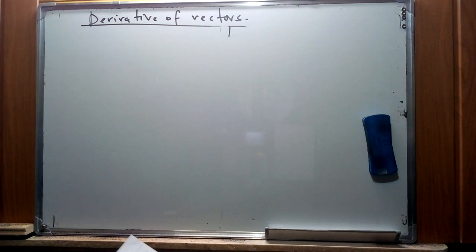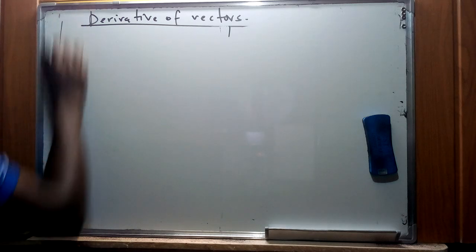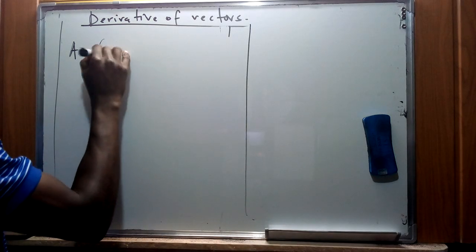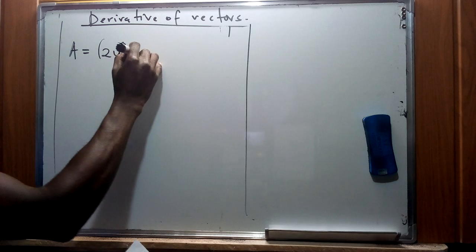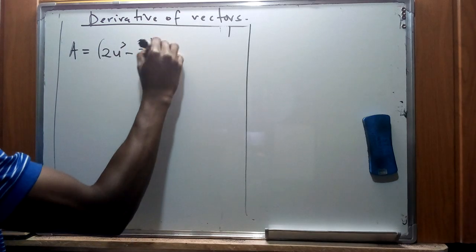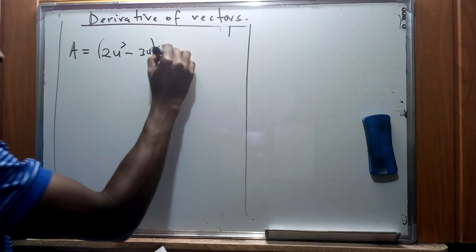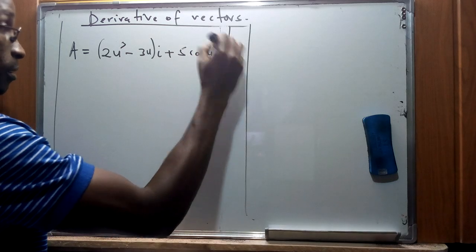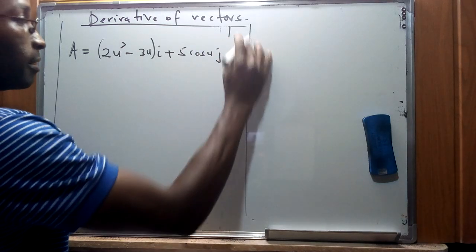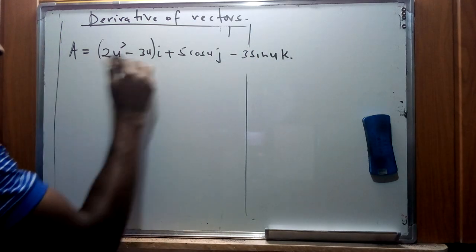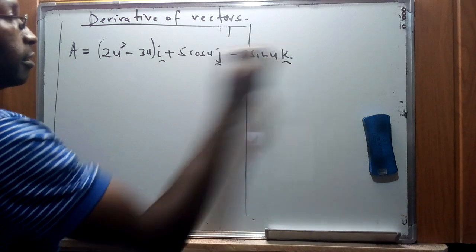Now if a is a vector that can be represented as a equals 2u cubed minus 3u for i, plus 5 cosine of u for j, minus 3 sine of u for k. So these are just a representation for vectors.